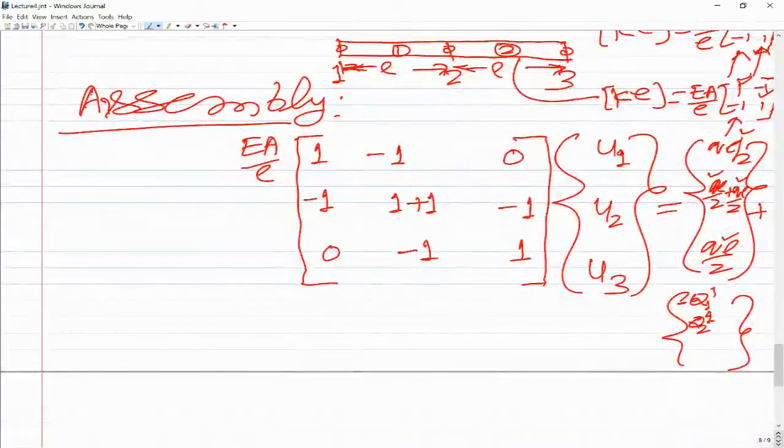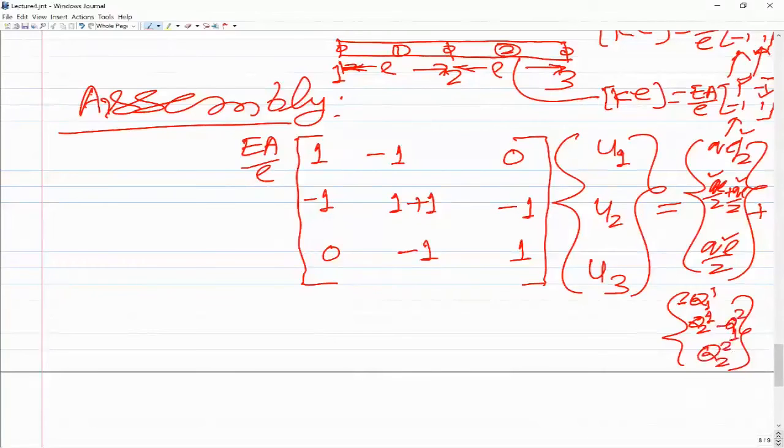The internal load vector of the first element goes to the first and second rows of the global system, and the internal load vector for the second element will go to the second and third rows of the global system. So we will have minus q12, and the internal load for the second element is q22. So this is how the assembled system is going to be.